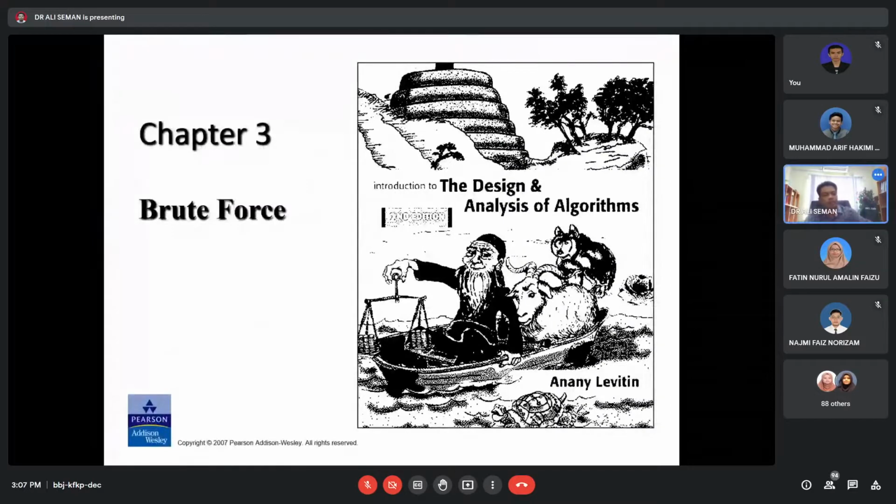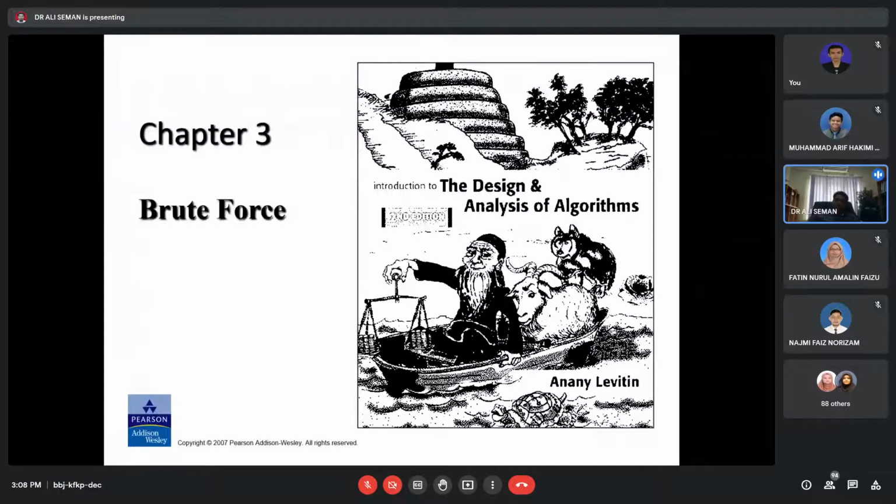Okay. If no question, we move on to the first design technique called brute force. So from now onward, we discuss the design techniques and all the example algorithms that fall under brute force in a bit more detail. And when we discuss the example algorithms, we try to look at them from the design technique and also the efficiency, because we want to know whether the design technique is efficient or not.